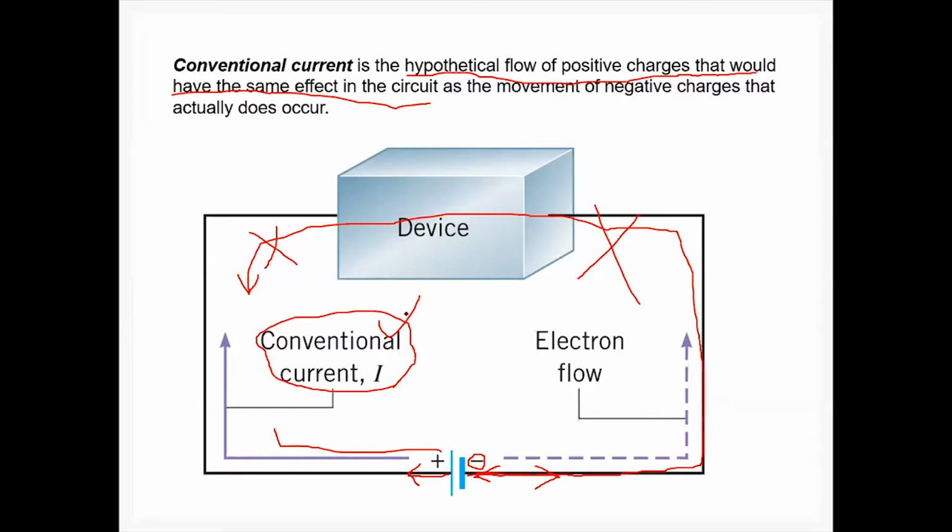Even though it is the electron that flows, we take the conventional current, which is the hypothetical flow of positive charge that would have the same effect in the circuit as the flow of negative charge.